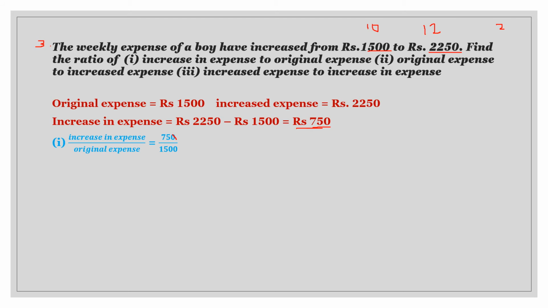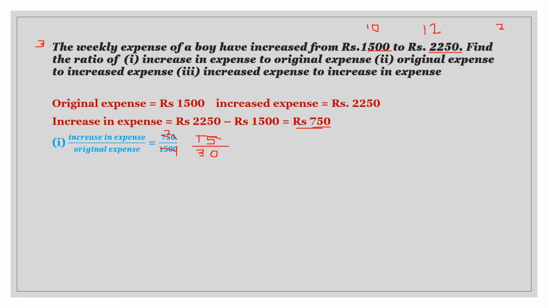So I will cancel, and I know these both will go by 5, isn't it? So 5 ones are 5, and 5 fives are 25. Here 5 threes are 15 and 5 zeros are 0.